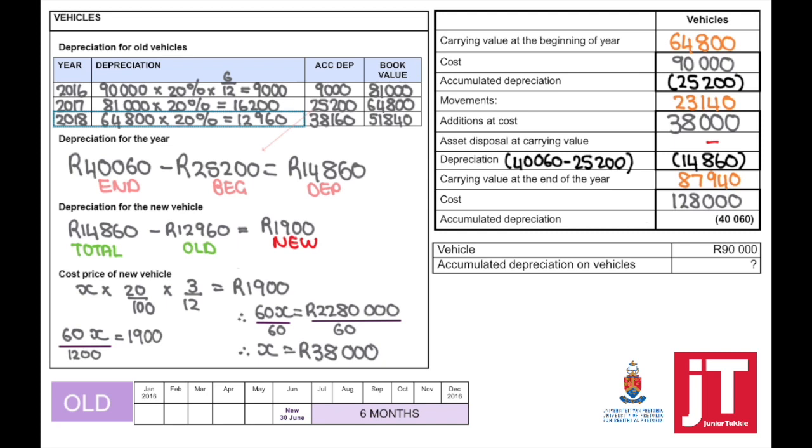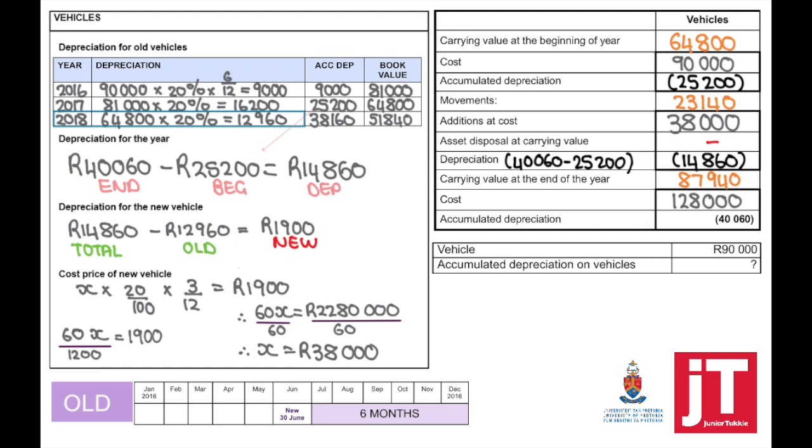So just to recap some pointers with this question, specifically with vehicles. We needed to update the accumulated depreciation. You needed to realize that a post-closing trial balance was given. That was the end of the previous year's balances. End of last year balances becomes your opening balance in the current financial year.